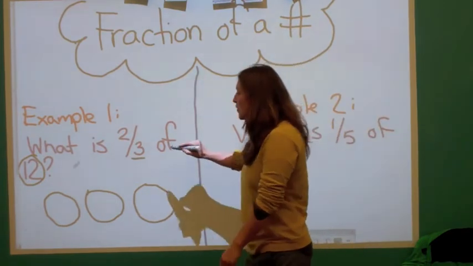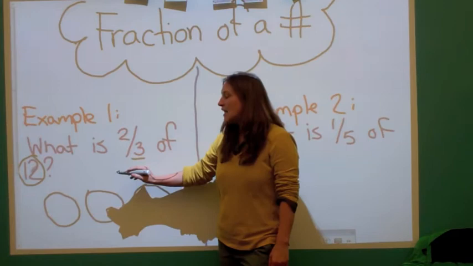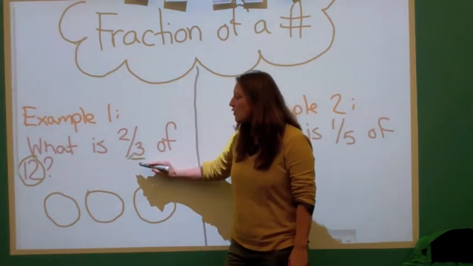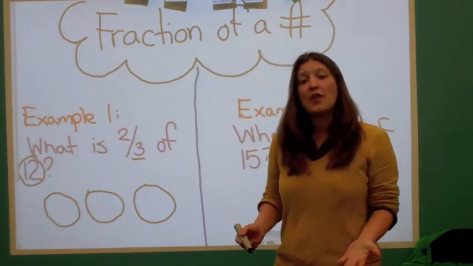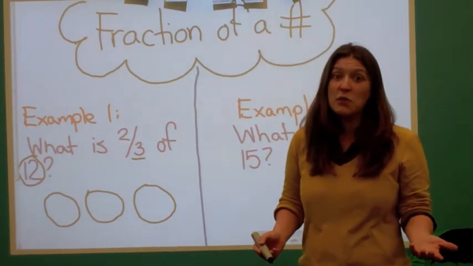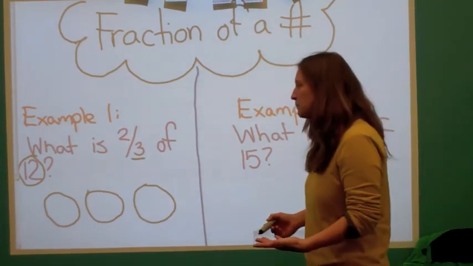So now I used what I underlined here. Now it's time to see how many times 3 goes into 12. If you know your fast facts, you're going to know that 3 times 4 equals 12, or 3 goes into 12 4 times.